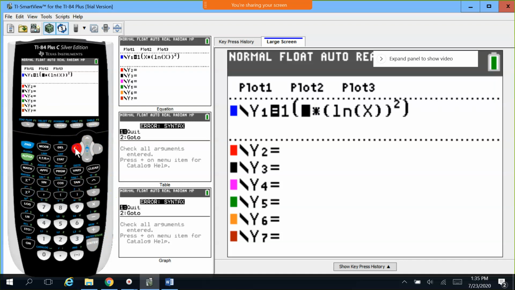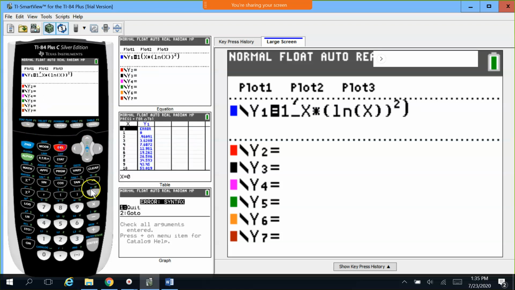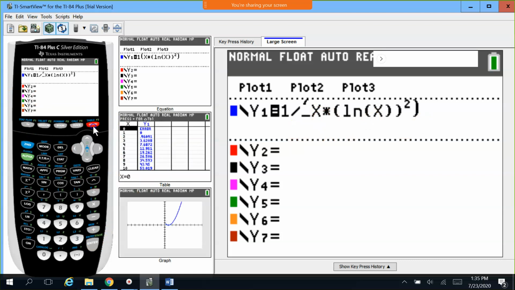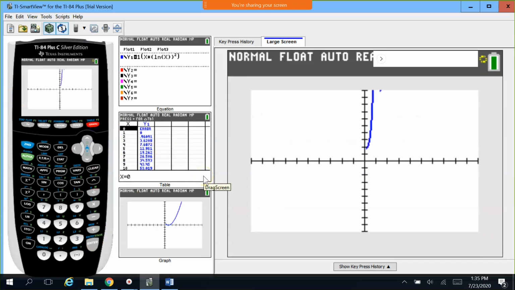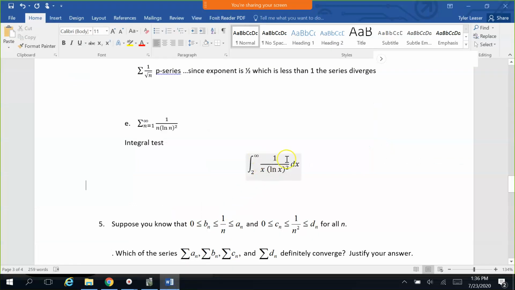Oops. 1 divided by x times natural log x squared. Okay, and we'll graph it. All right, so here's that asymptote, like I was saying, at 1. But after that, starting at 2, it's definitely decreasing forever. So we're good. So we'll do this integral from 2 to infinity, 1 over x natural log x, all squared.